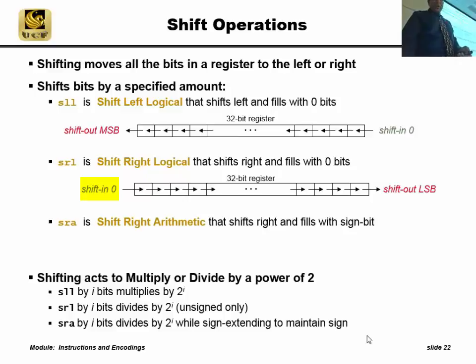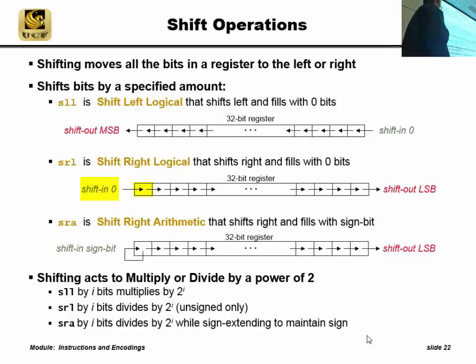So shift right logical has similar semantics to shift left logical, the 0 comes in. But when we're shifting right, when you have a signed value, the sign is the most significant bit, and we'll show you on the next slide, but that gives us a choice. If we want to keep the sign, if it's a negative number, we don't want to overwrite it with a 0 for that bit, because then we changed the sign from negative to positive.